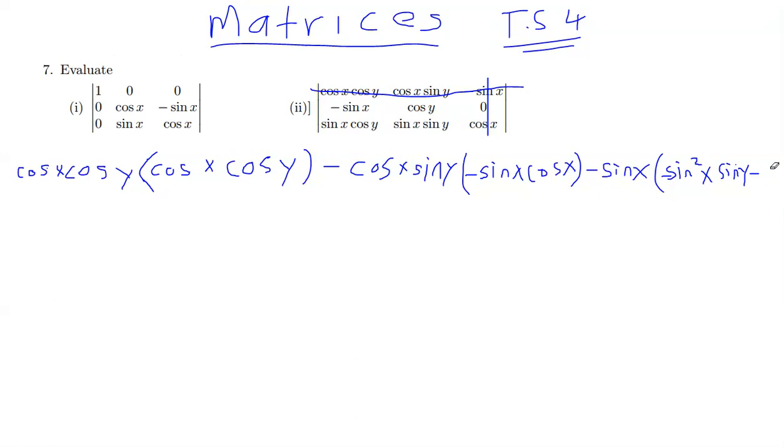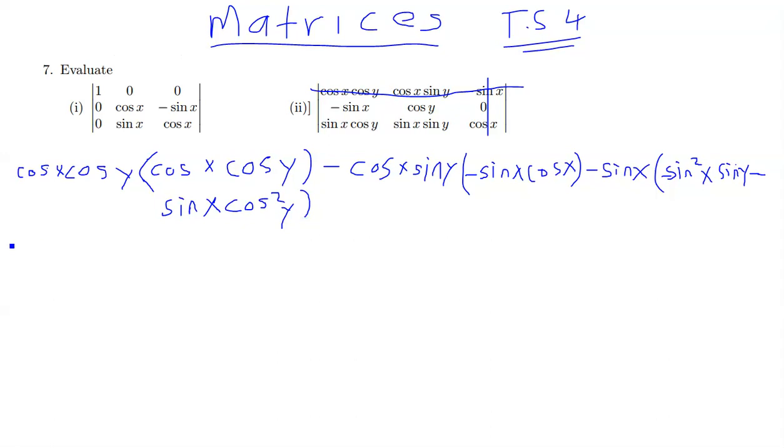So we're going to have this minus sine x cos y. Sine x cos, of course, squared y will be cos squared. Then you close the brackets like that.